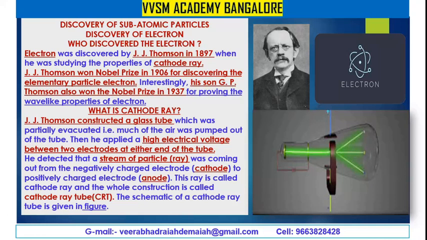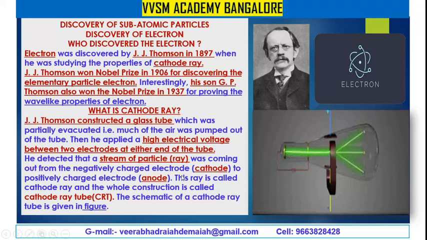This ray is called the cathode ray, and the whole construction is called the cathode ray tube. The schematic of a cathode ray tube is given in the figure. This is the cathode ray tube. This is the cathode and this is the anode, and cathode rays travel from cathode to anode.